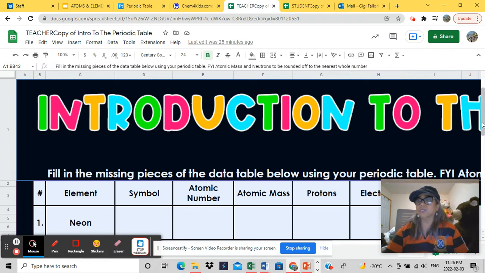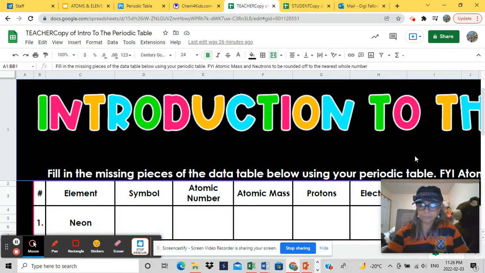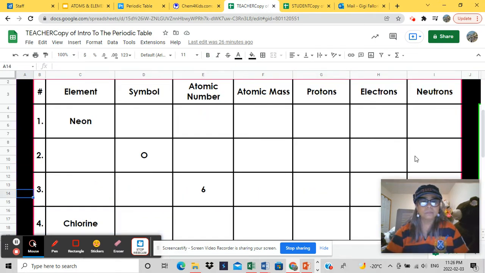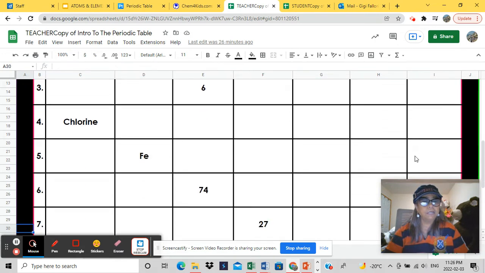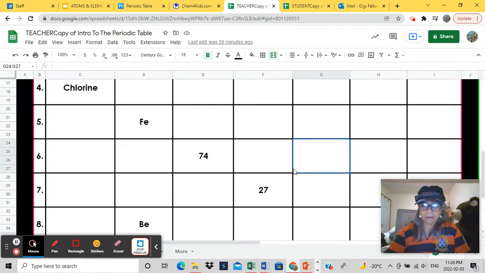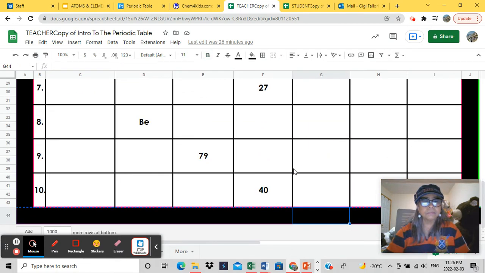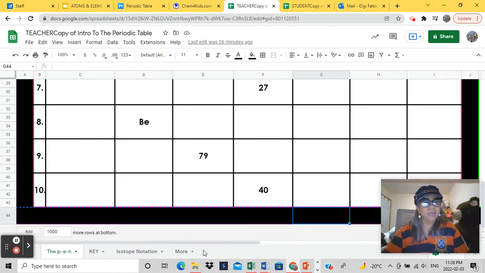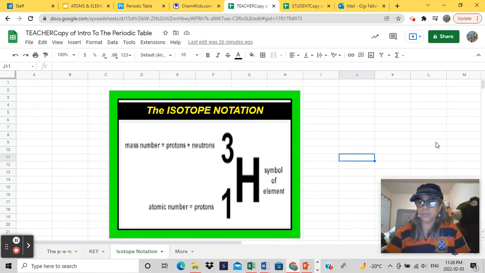Let me just use the teacher copy here so that I don't mess up your copy. Part of the activity here, you get to see the isotope notation, as we call it.